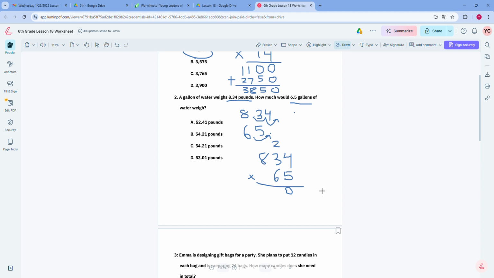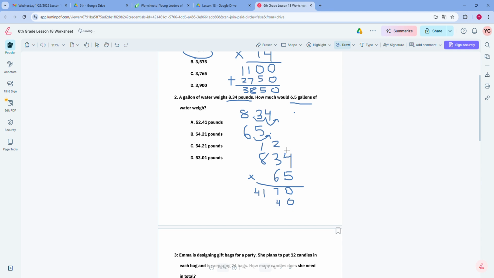3 times 5 is 15, plus 2, that's going to give you 17. Sorry, that was an alarm. But anyway, 8 times 5 is 40, 40 plus 1 is 41, and then once again you're putting a 0 in the second row, and 6 times 4 is 24.